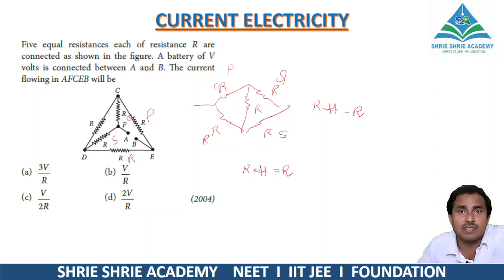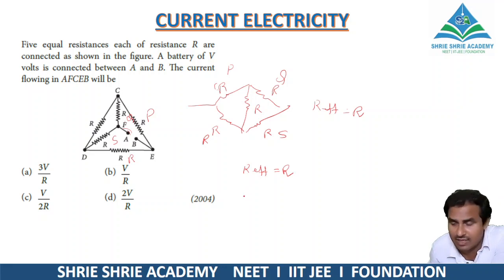Equal resistors are connected as shown in the figure. A battery of V volt is connected between A and B. The question is the current flowing through A, F, C, E, B. He is not asking the effective resistance, only the path AFCEB. So this is your A, this is your F, this is your C, next is E, then B. He is asking half of this current.